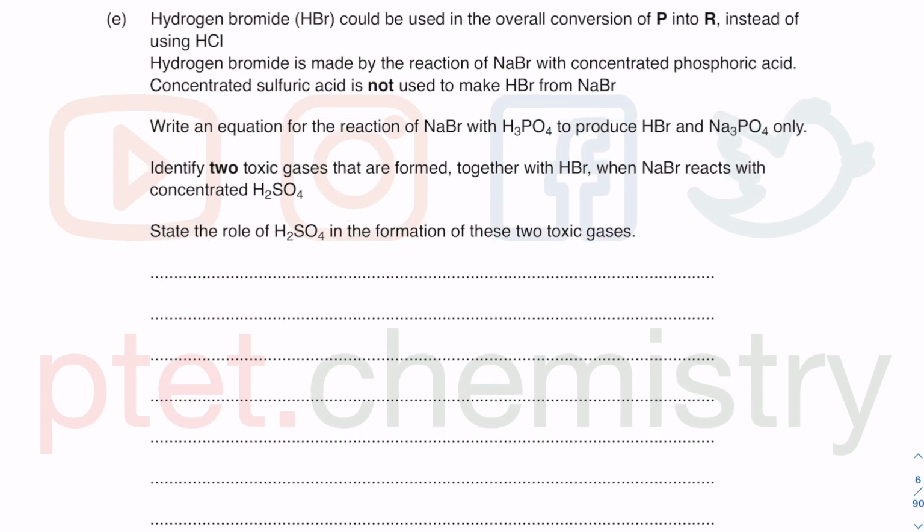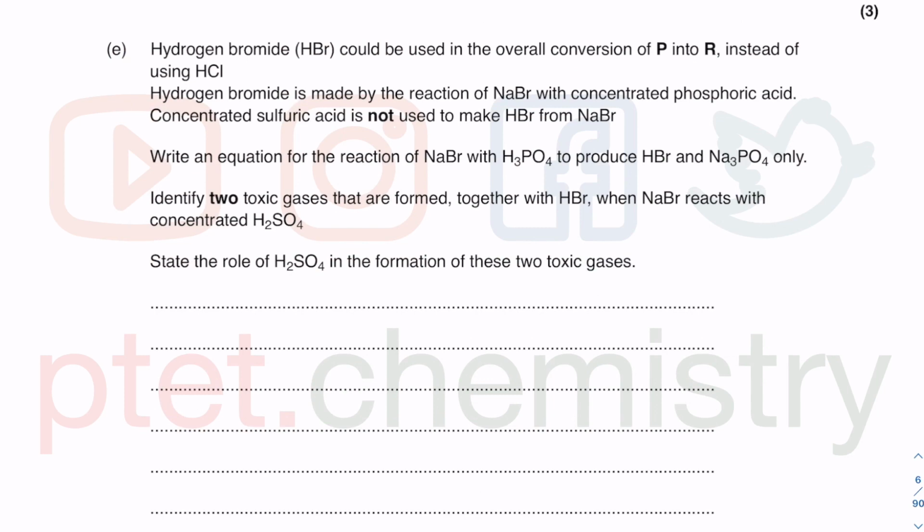In part E, the last part of this question, HBr could also be used. HBr can be made by reacting NaBr with concentrated phosphoric acid. So you don't use concentrated sulfuric acid. We know that concentrated sulfuric acid can make the HBr, but there is follow-up redox activity.